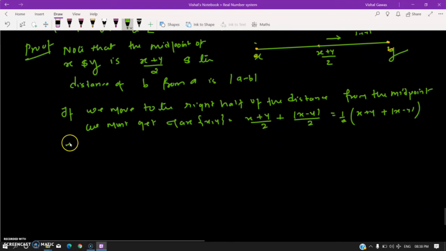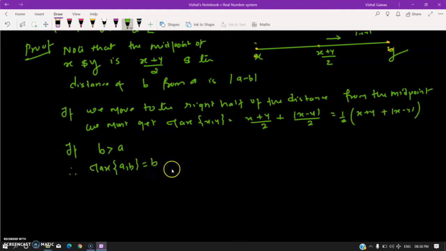So if y is bigger than x, then the maximum of x and y is y.